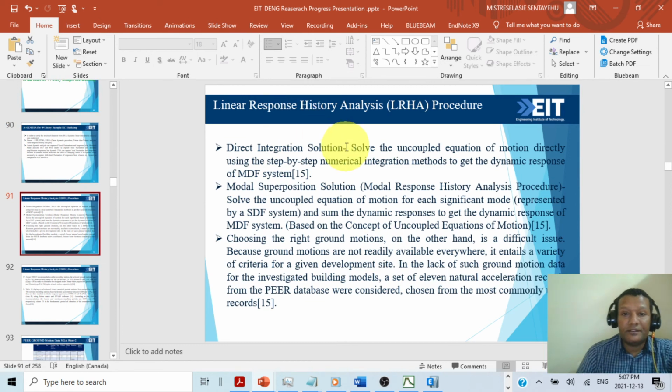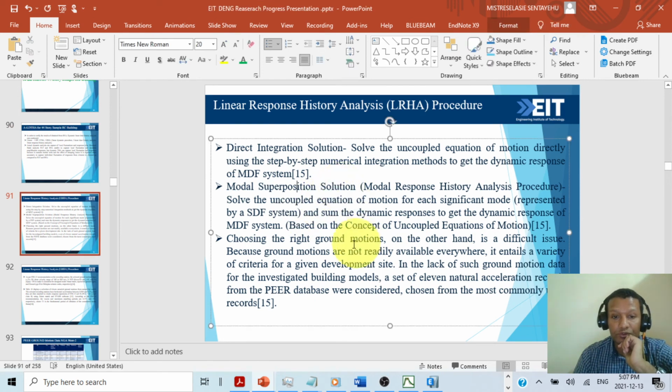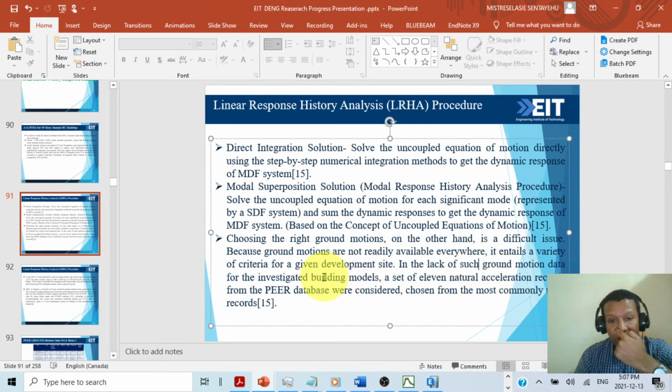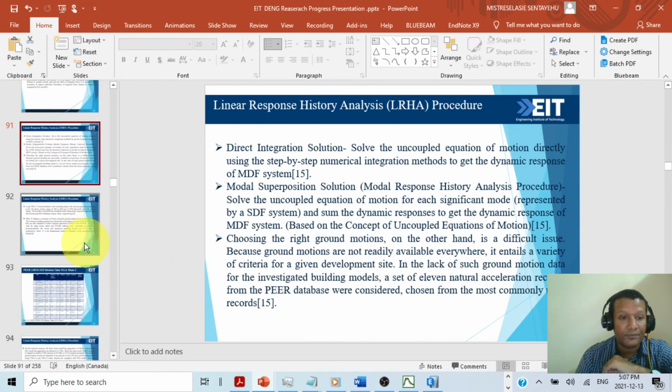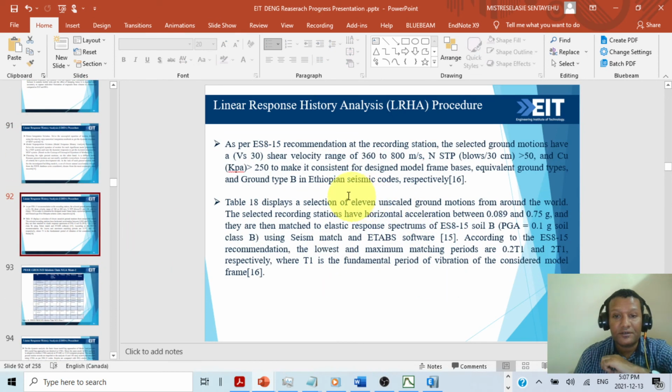So the linear response history analysis procedure, as we discussed, uses the direct integration method or modal superposition solution. Choosing the right ground motion is difficult, or not difficult, but it needs time, and from the PEER website we already extracted and used it as per the Ethiopian standard ES 815 recommendation at the recording station.